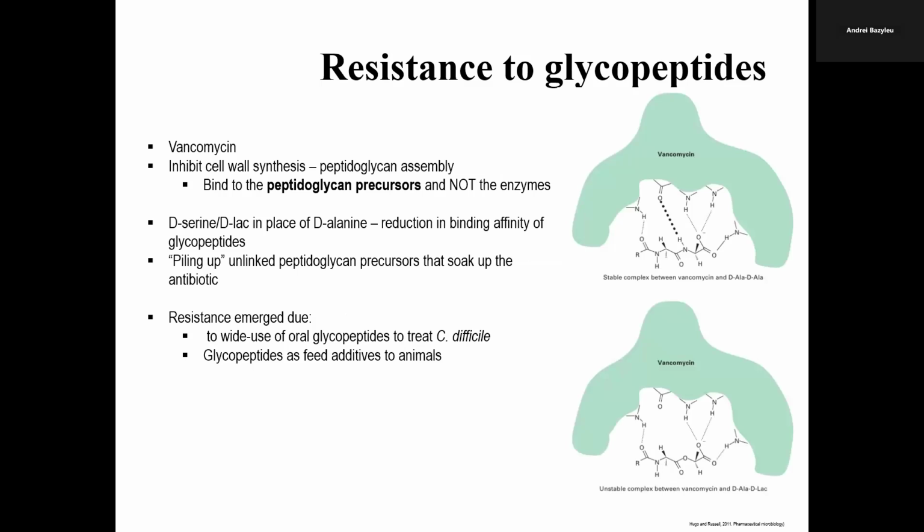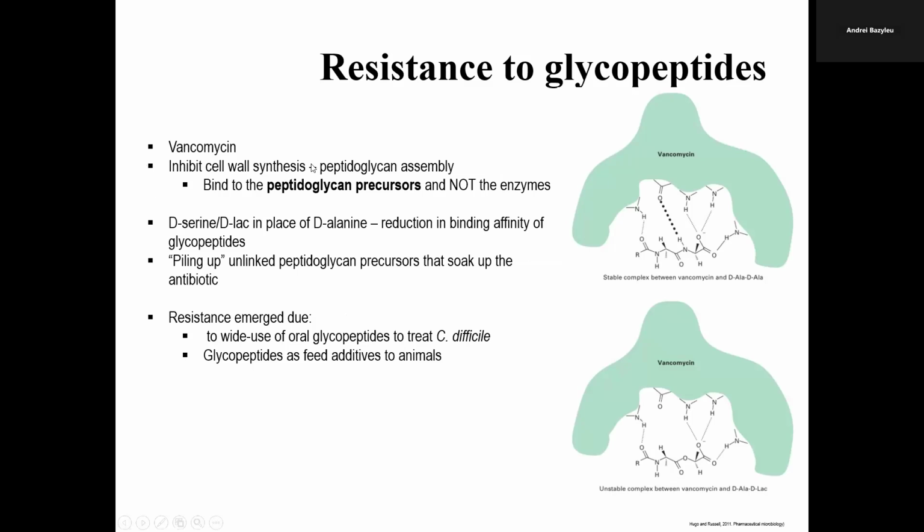So this one is the next class of antibiotics that we looked at last week, which were the glycopeptides. These are antibiotics that work similarly to beta-lactams in a way that they also inhibit the cell wall synthesis. That's the similarity.